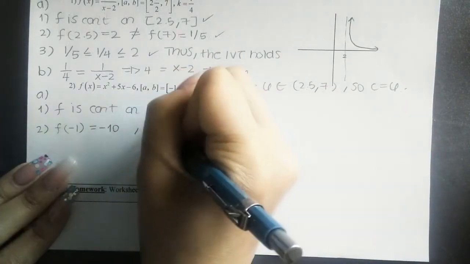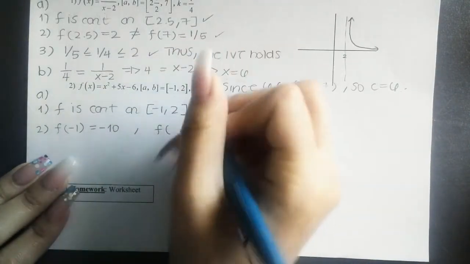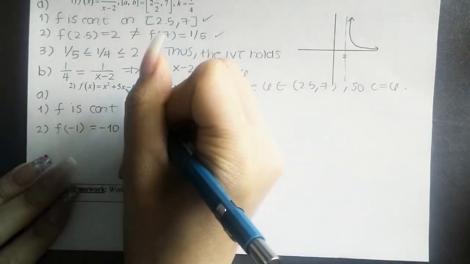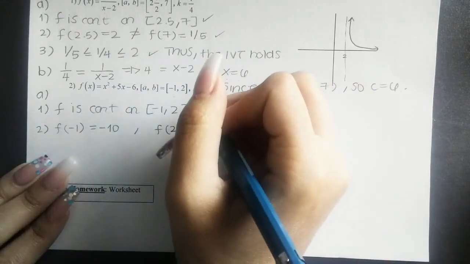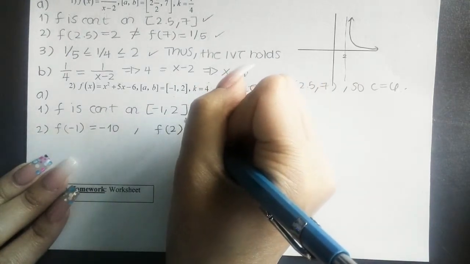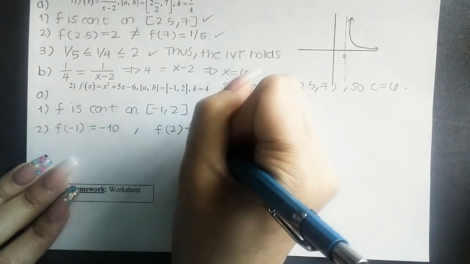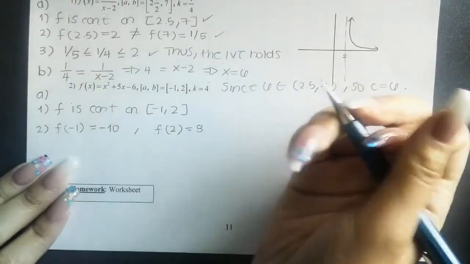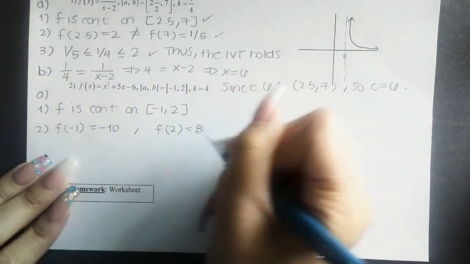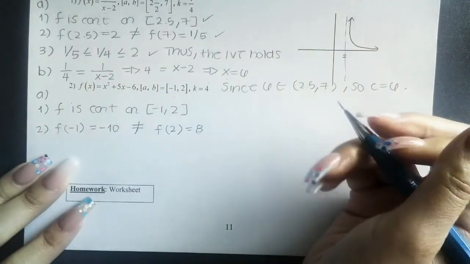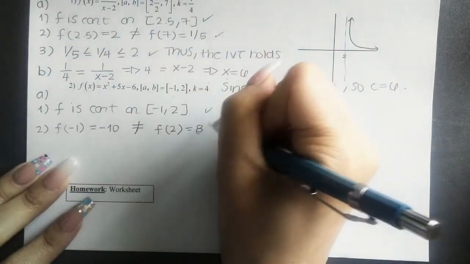Then you look for your f of b, that in this case your b is 2, so plug the 2 there, so you have 4 plus 10 minus 6, and that value is going to be equal to 8. And it's not 20, it's 10. I don't know what I was thinking. Clearly they are different, so second condition met.